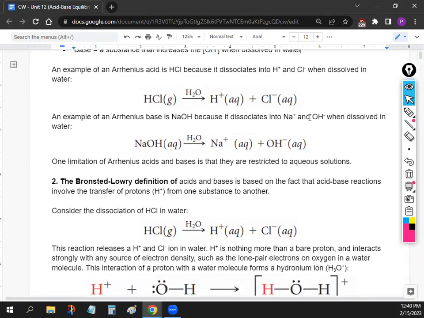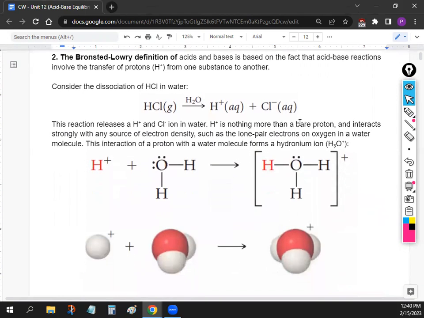All right, the second definition of acids that we'll talk about is called Bronsted-Lowry. This is where we get the definition based on the fact that in acid-base reactions, protons, or H plus, are transferred from one substance to another.